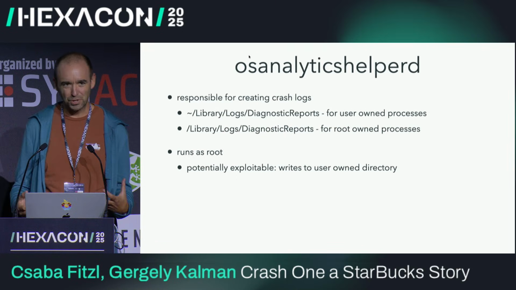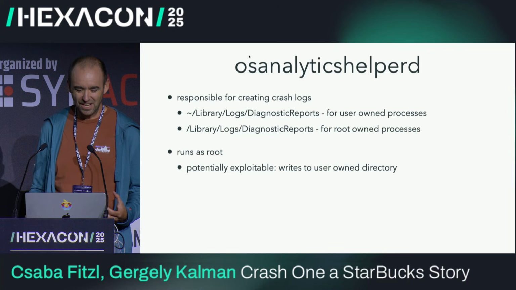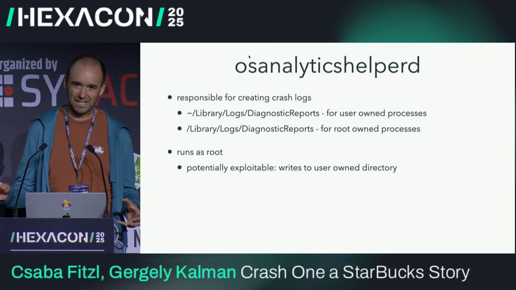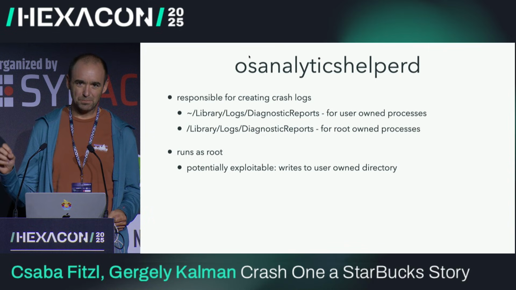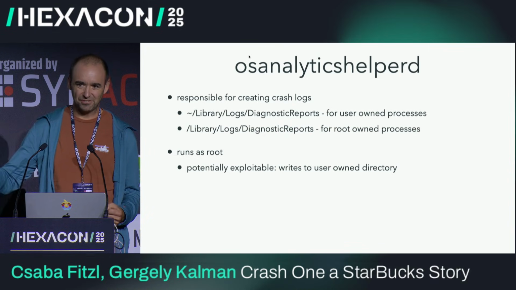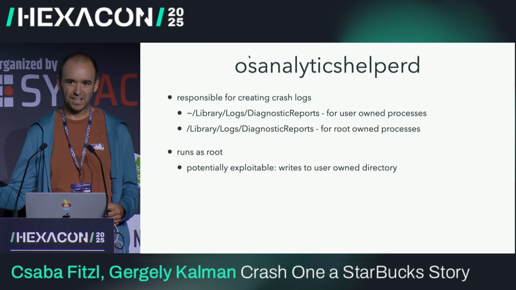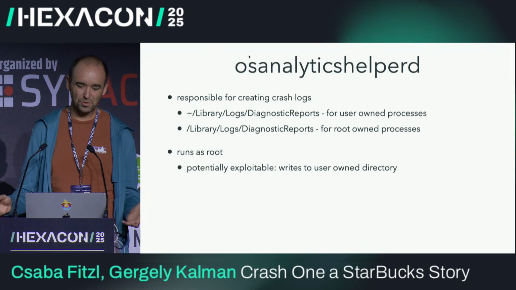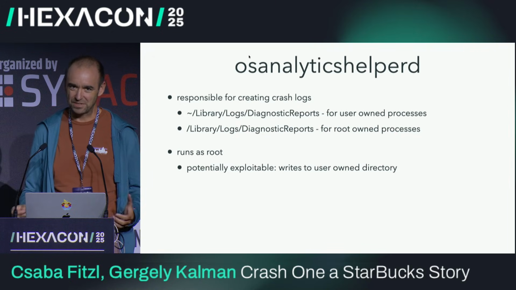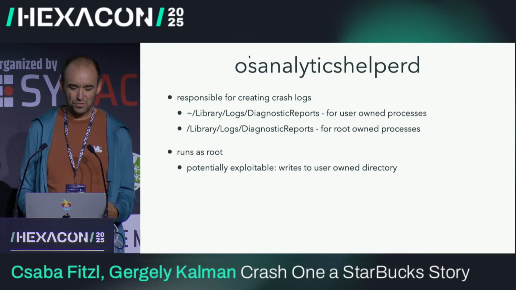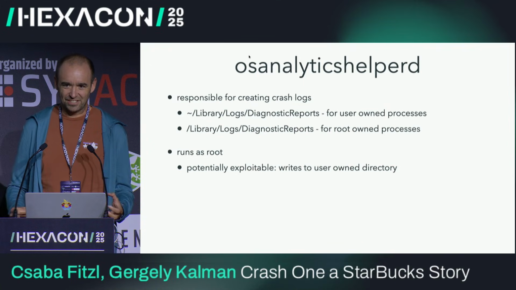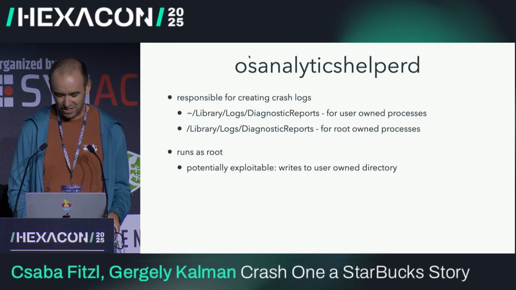Now, the problem we saw here was that this is a helper daemon which is running as root, but in case the process is running as the user, it will write into the user's own directory. Now the user has full control over its own DiagnosticReports directory. So we were like, okay, maybe there is some way to redirect that crash log or do something with that to achieve LPE.